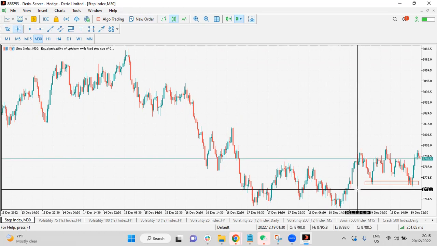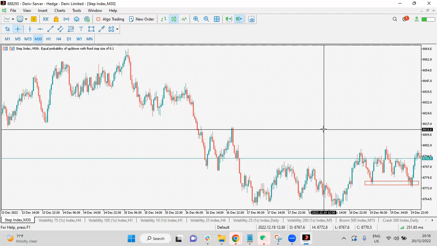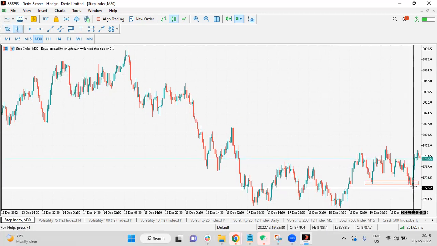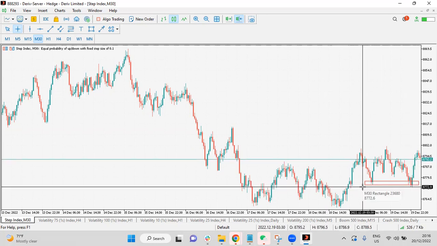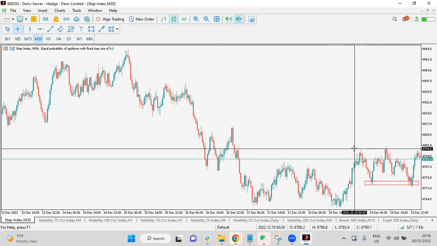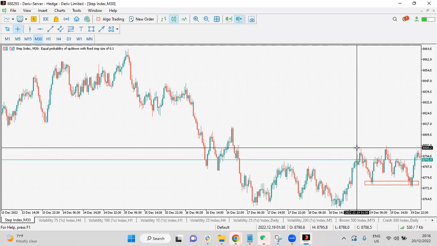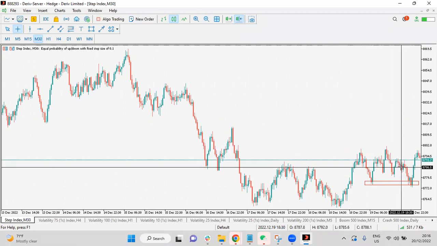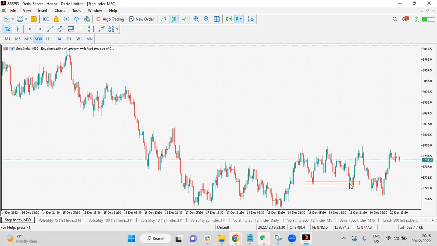What happens is the big institutions will first sweep those stop losses which are just below and then go in that direction. You'll also notice that at the resistance, the market moved slightly above the previous high before it went in the opposite direction. So that's what is called a liquidity sweep. You see, like this one is a strong support.